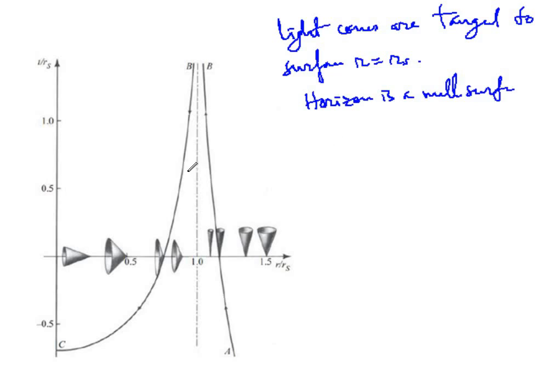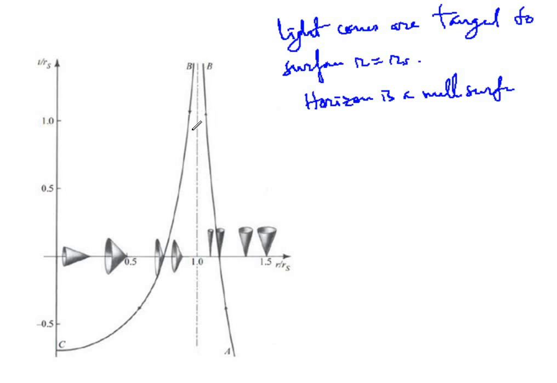Since a light signal that starts exactly on a horizon and is aimed toward the outward direction is sandwiched between those signals just outside of the horizon which escape outside and those just inside the horizon which fall inward, the light signal therefore propagates neither out nor in.